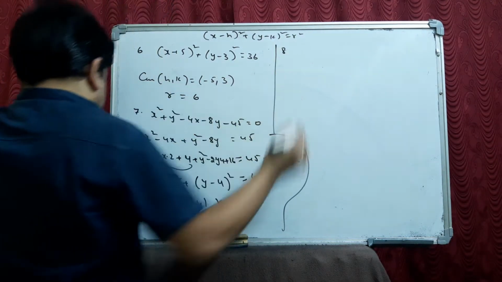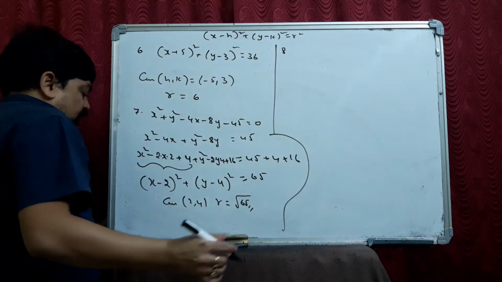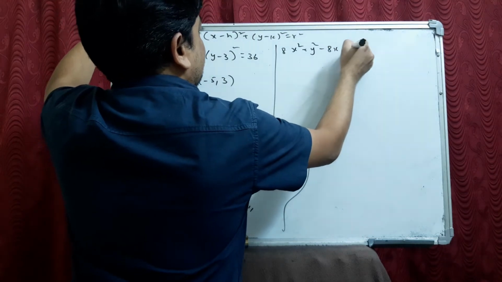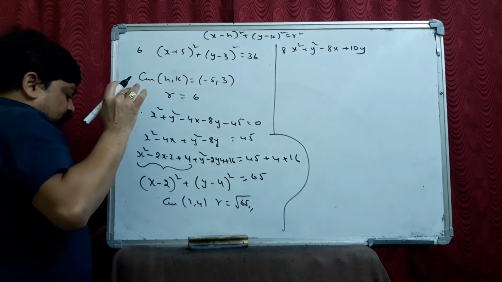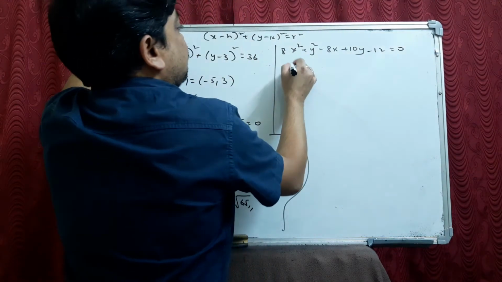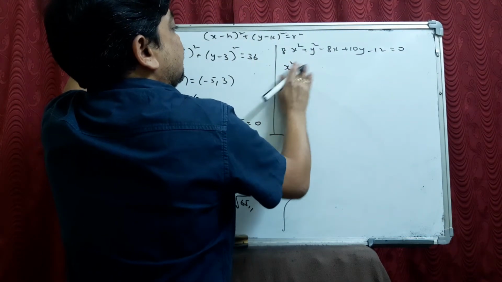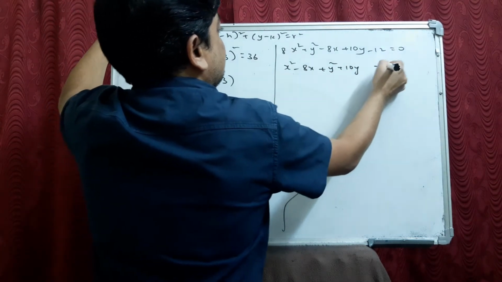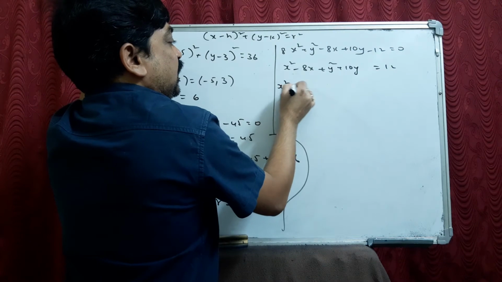Eighth one. x square plus y square minus 8x plus 10y minus 12 equal to 0. So let us write x terms to one side: x square minus 8x plus y square plus 10y is equal to 12. See the first and the second.